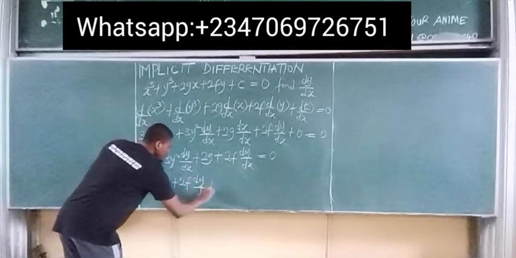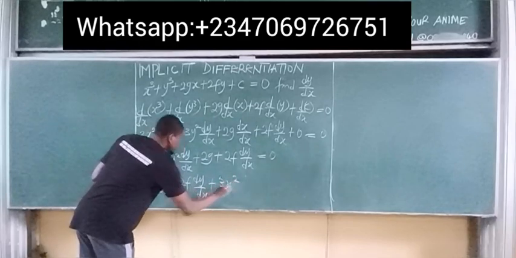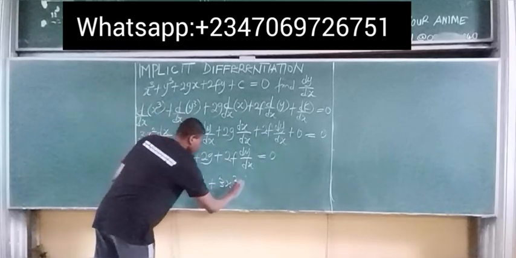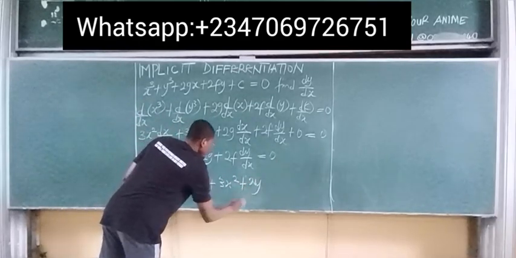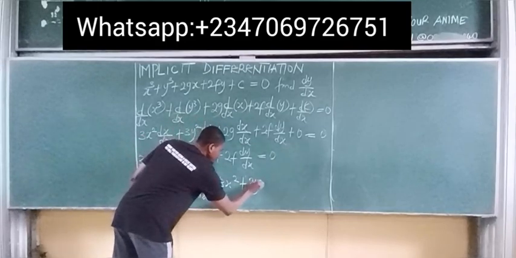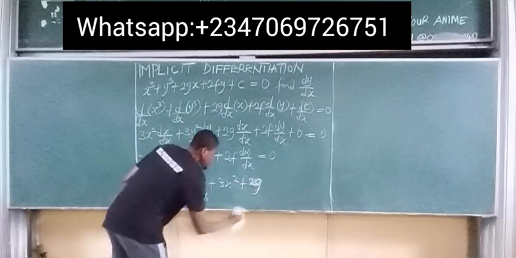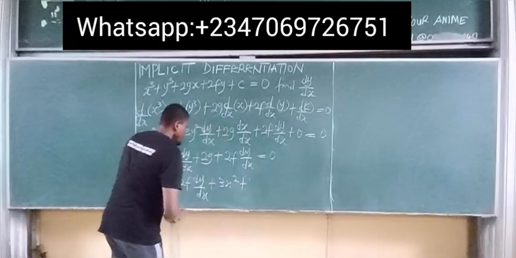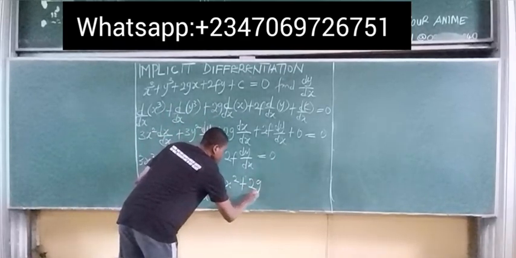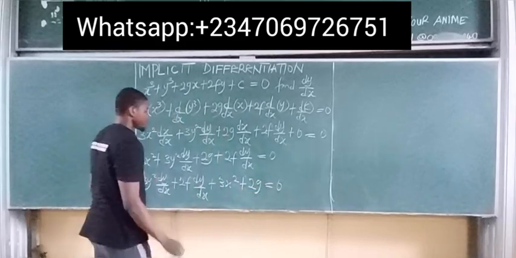I have here plus 3x squared, and also plus 2g, and this is equal to 0.